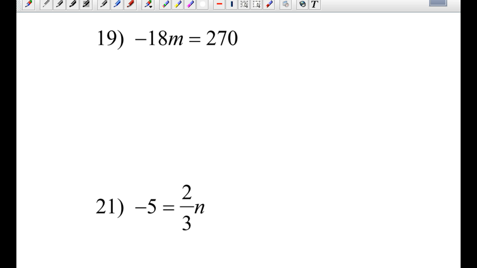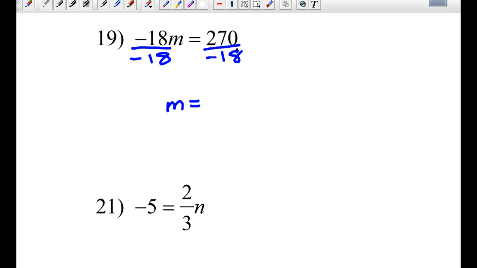Remind you about the fractions and then multiplying and dividing. Our goal is to get m equals, right? What do I need to do to get from negative 18 to m? Divide by negative 18. Why negative? Because we're trying to get positive 1.